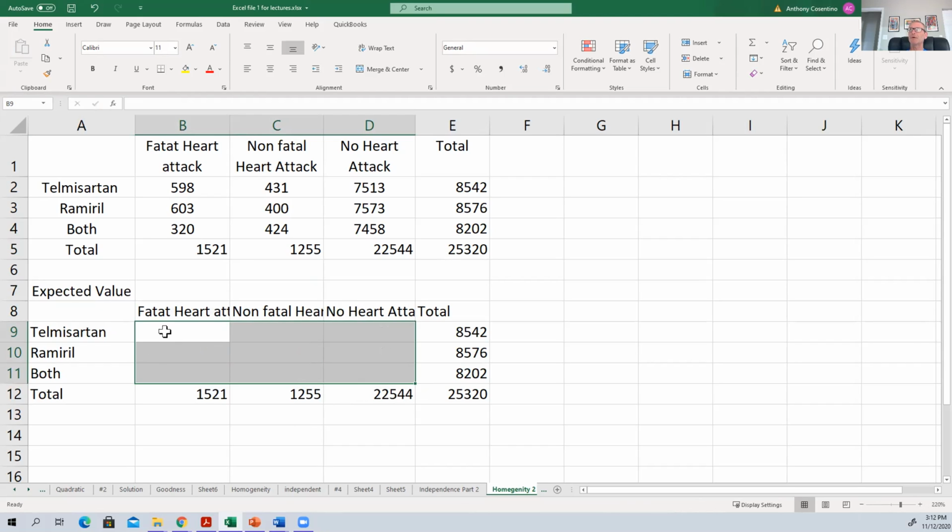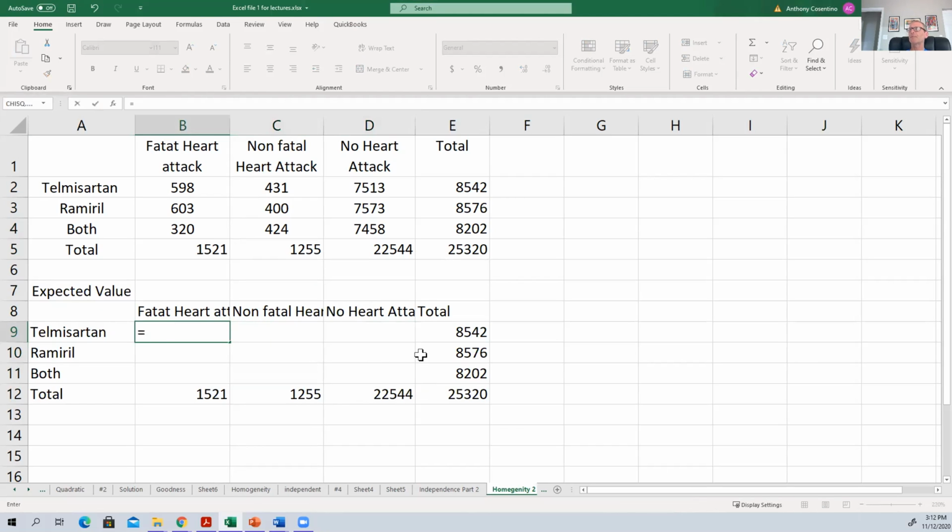Remember, it's equals the row total times the column total divided by the grand total. So where's my divide? Divided by the grand total. And there you go. And so let me do a couple more. So this would be equals the row total times the column total divided by the grand total.